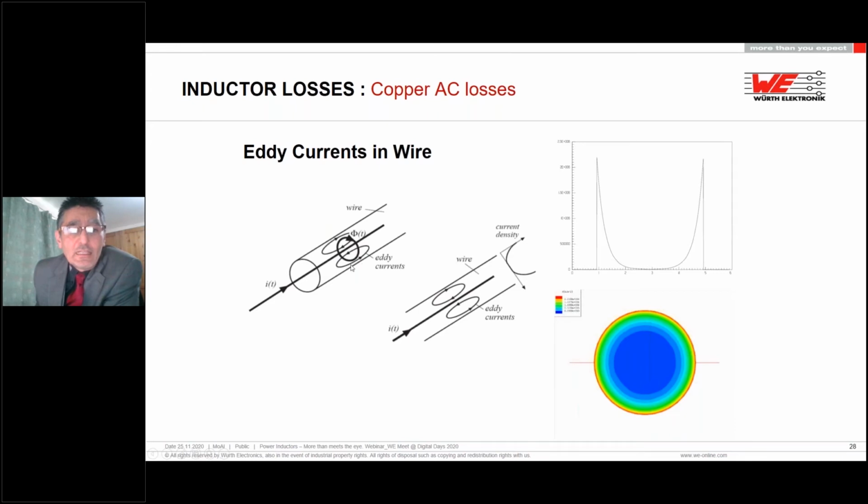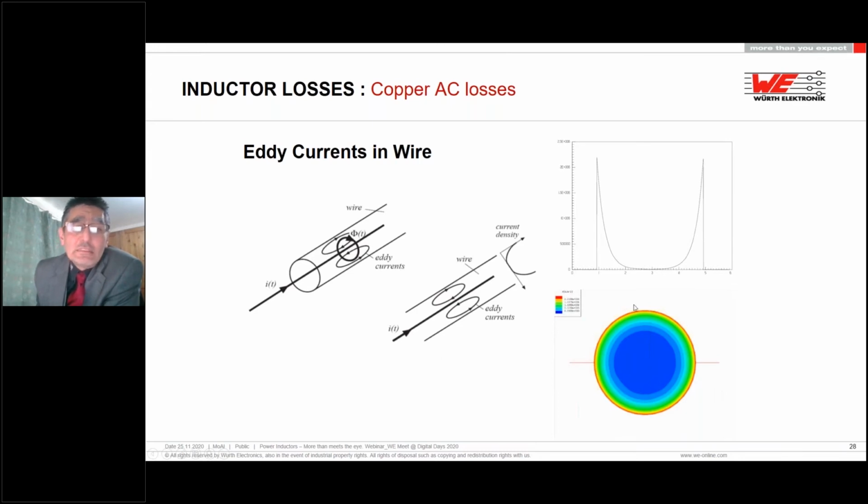And that internal flux will internally also generate eddy currents or induced currents within that wire. These currents will work against the flow of the intended current through the center of the copper wire, and support it on the outside.